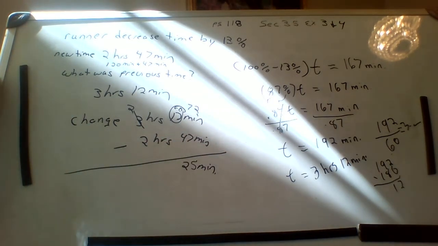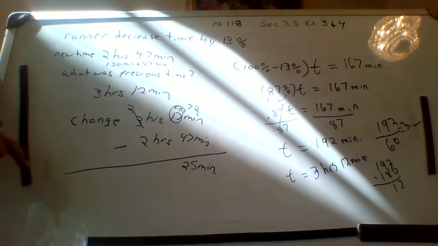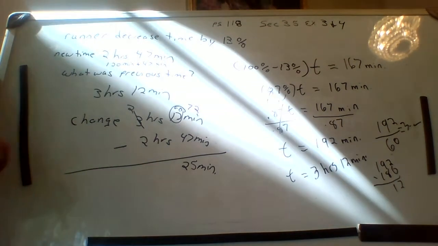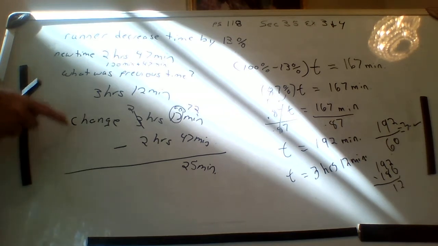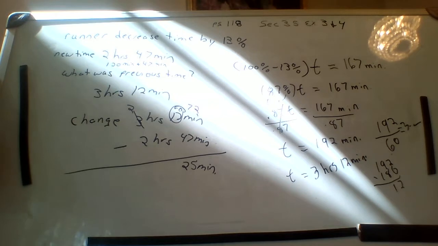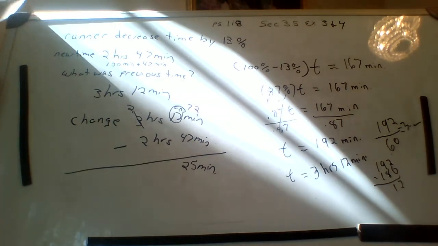He improved his time by 27 minutes, or by 13%. That's pretty big. Most runners, you may improve your time between 3 to 10 seconds on the next run, and gradually, so it's usually more by seconds than minutes. So that's pretty good for a runner.